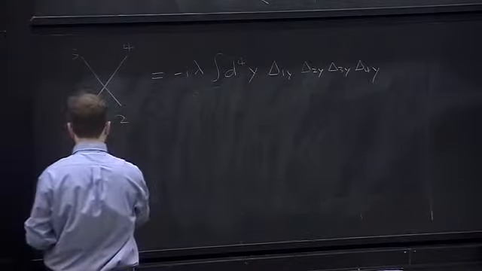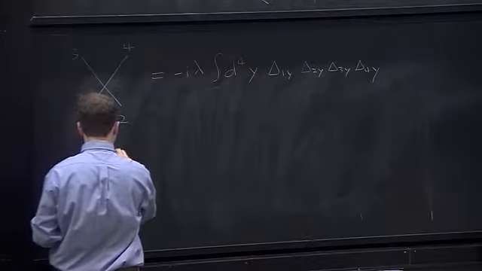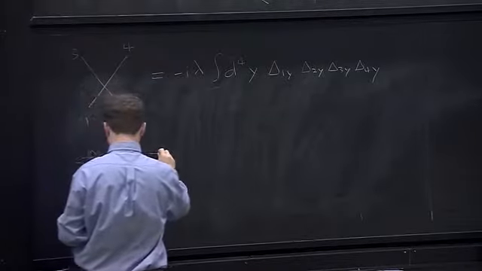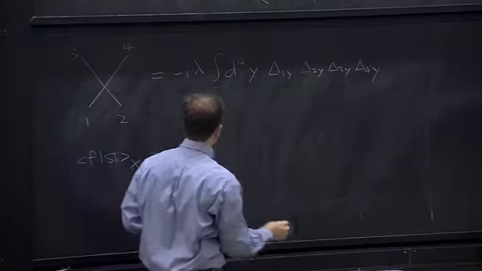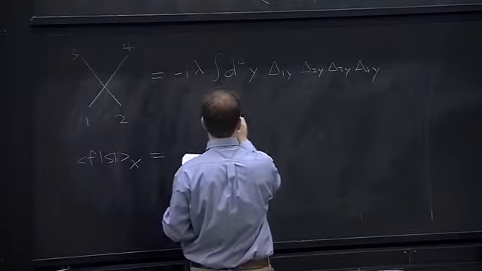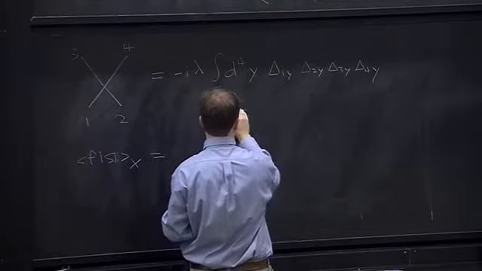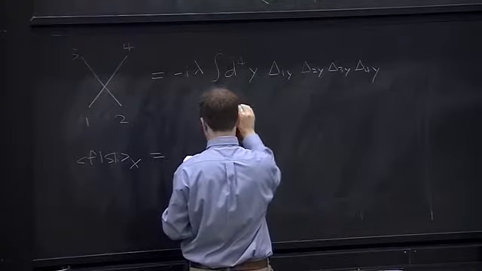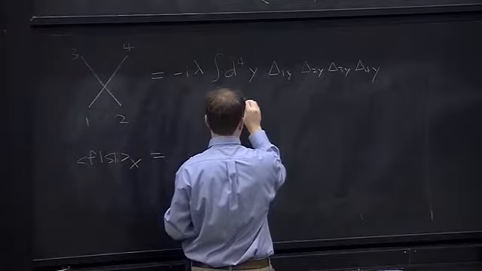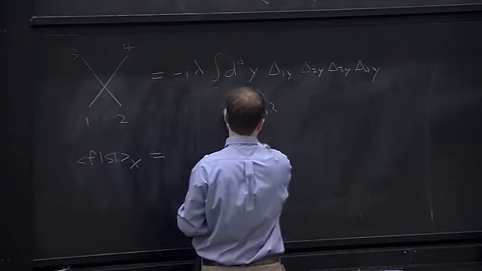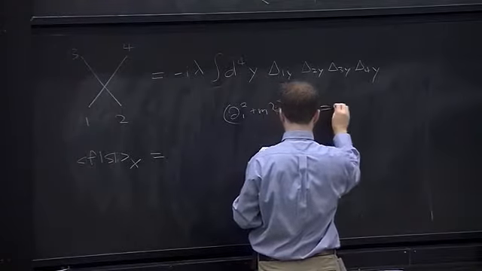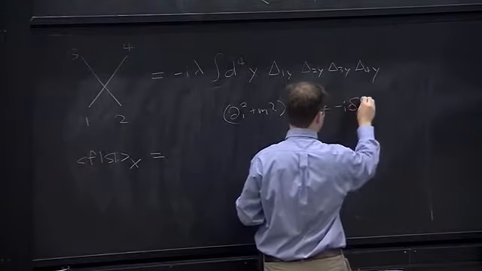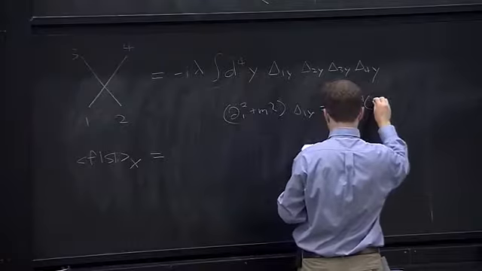So the contribution to the scattering amplitude from this diagram uses the fact that the Feynman propagator is a Green's function, so it satisfies this equation. There's a minus i, but it's still a Green's function.